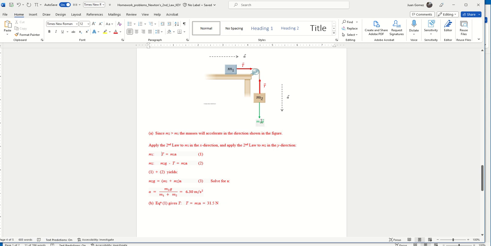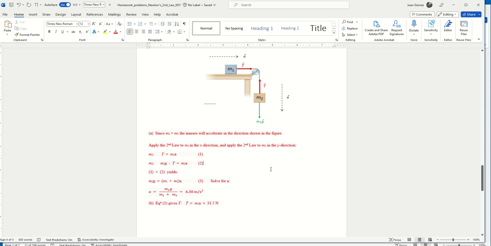Because m2g and m2a need to have the same sign, and in this case they're both positive. Mathematically this is exactly the same, and this is preferable. So that's equation 2: m2g minus T equals m2a.